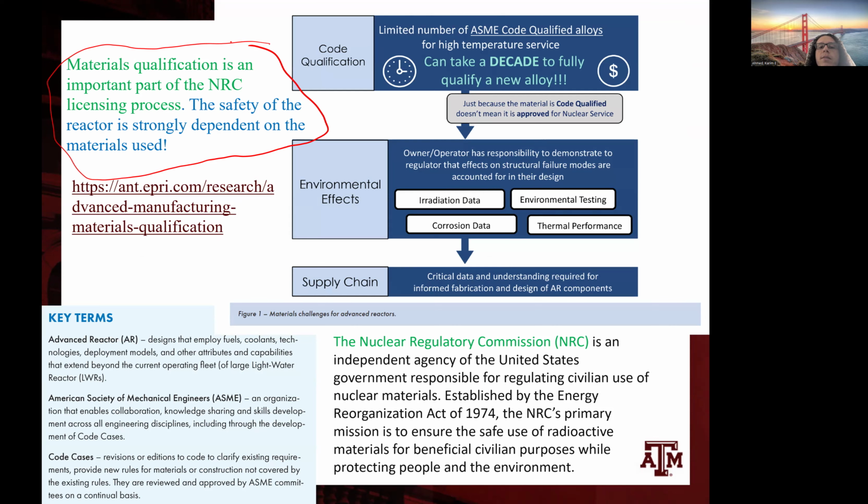You have to demonstrate that you follow standards in the manufacturing of the materials, that enough testing has been done, and that there is enough documentation of material properties, data sheets, and things like that, to make sure these materials will withstand the service or operating conditions in nuclear reactors.